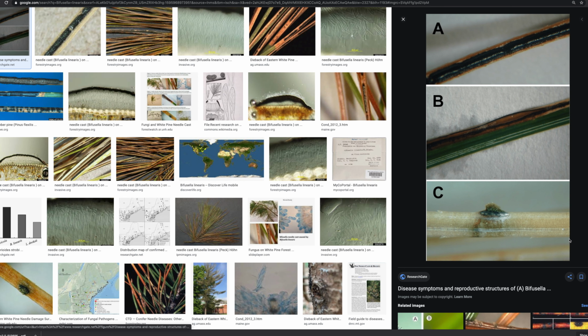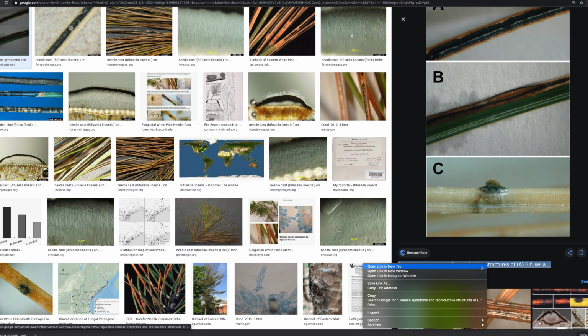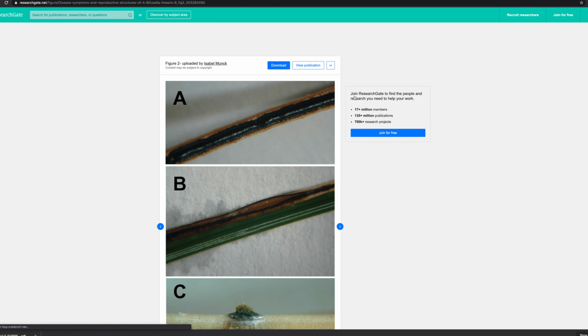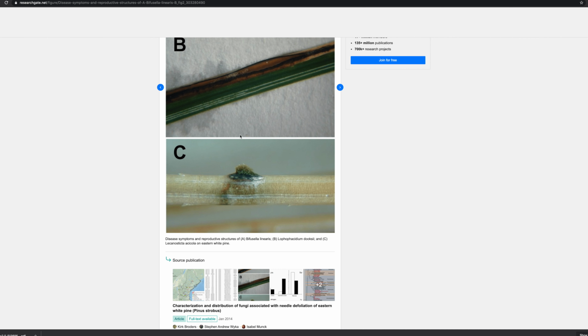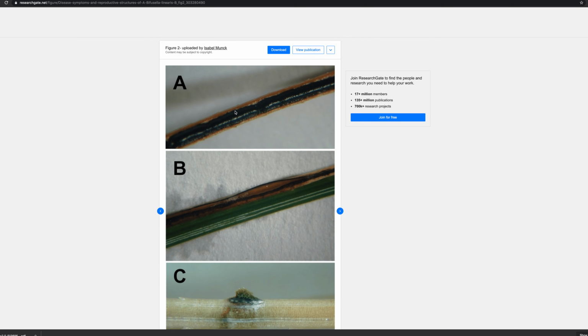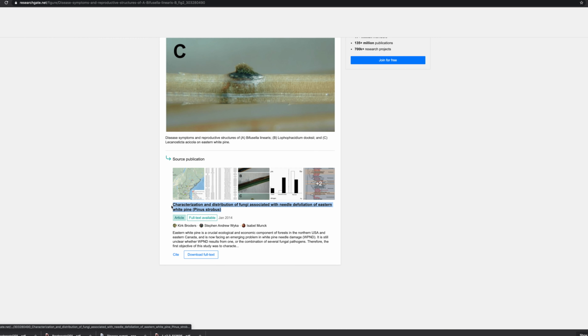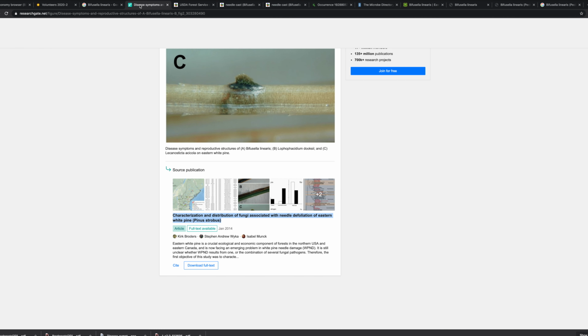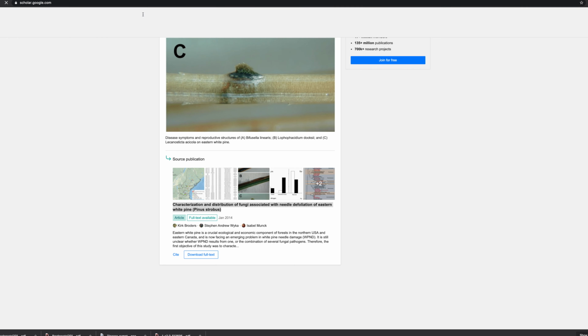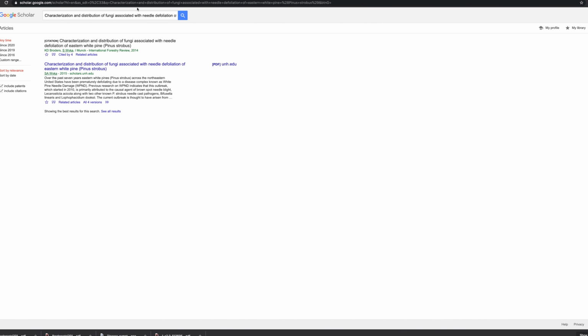We're gonna go to this one, and here we have disease symptoms and reproductive structures. Our species is the first one, so the publication is right here. You could use this link, this name, and you can find it on Google Scholar.